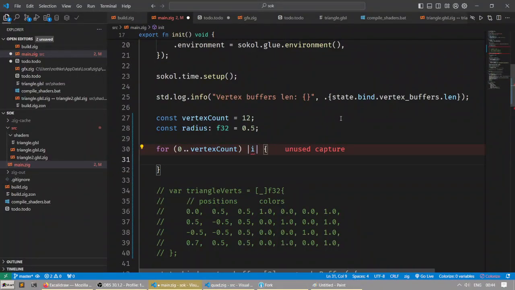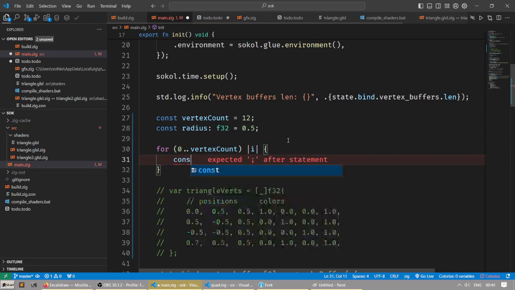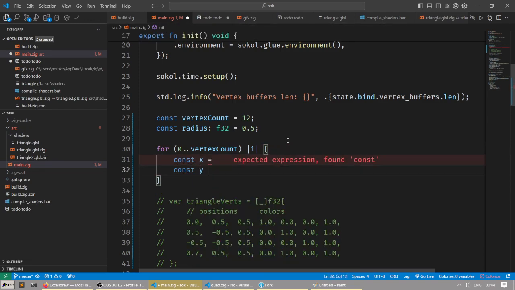And we need to calculate the positions of each of the things. And how do we do that? Well, we need to convert a radius and an angle into a coordinate. So there's going to be some kind of an x, right? And there's going to be some kind of a y.